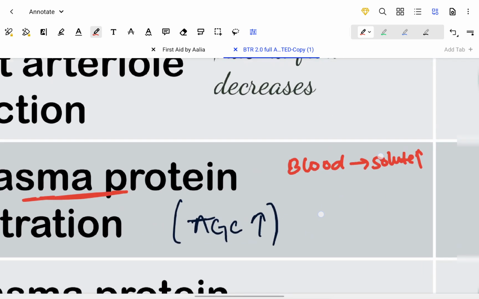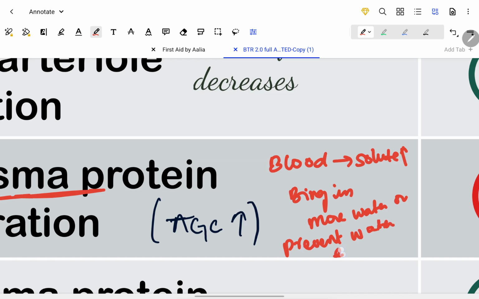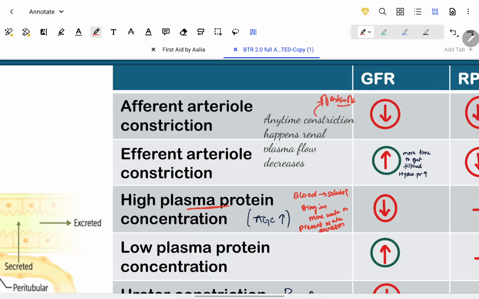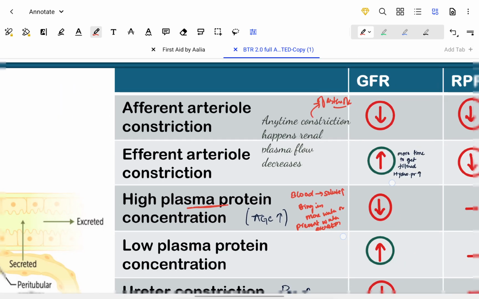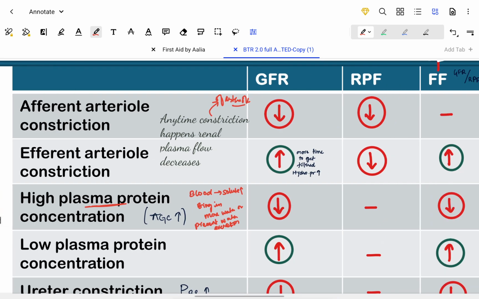So for that, you have to bring in more water or prevent water excretion. And how will you do that? By decreasing the GFR, because with GFR you are actually throwing away the water or blood. So in case of high plasma protein concentration, GFR decreases, RPF remains the same, there's no change in renal plasma flow, and filtration fraction decreases.